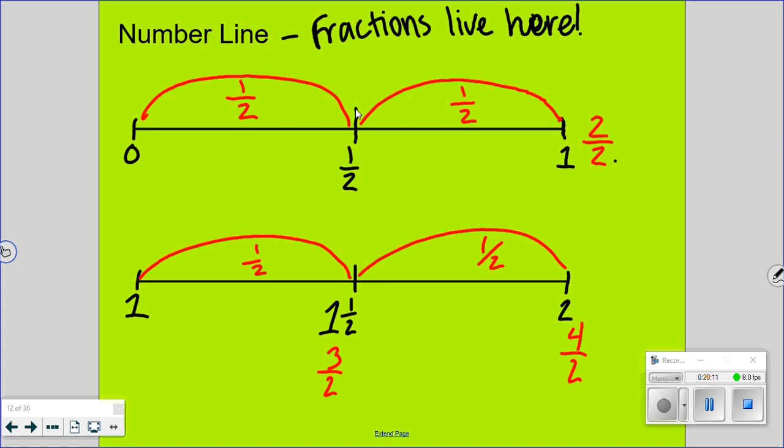It's easier to think of it like a sandwich. 1/2 of a sandwich plus another half of a sandwich is a whole, worth 2 halves, aka 1 whole. If I have another half, now I have 3 halves of sandwich. Plus another half, now I've got 4 halves of sandwich, which is 2 sandwiches.